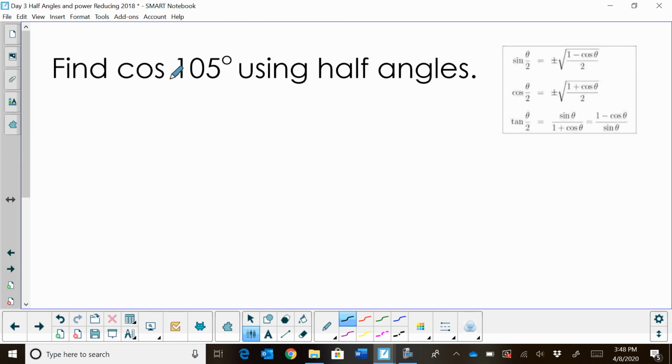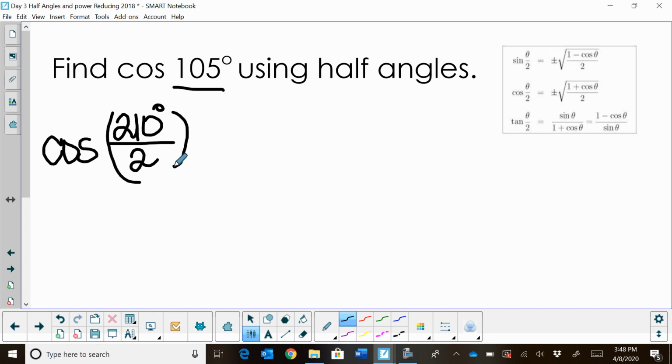So let's look at cosine of 105 degrees. We know that value is not on the unit circle, so let's rewrite this as the cosine of an angle that is on the unit circle. If I take 105 and I double it, I get 210, so 210 all over 2.